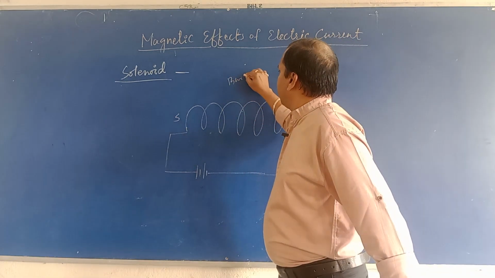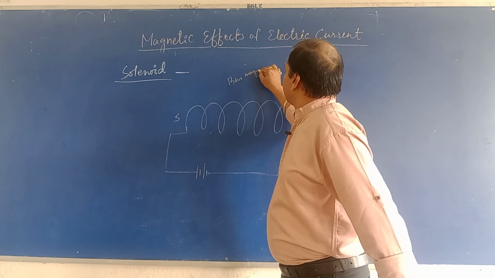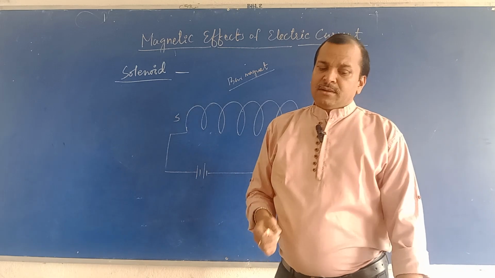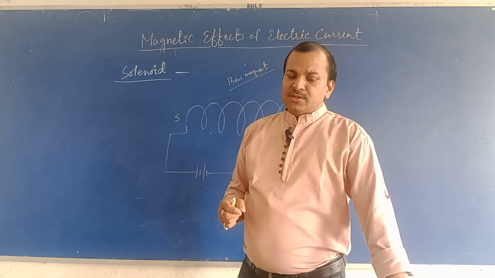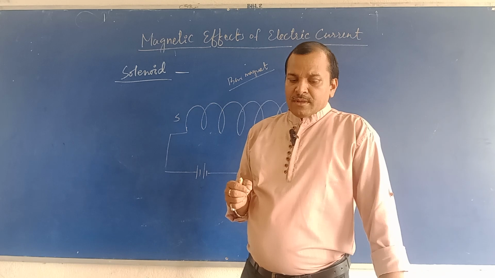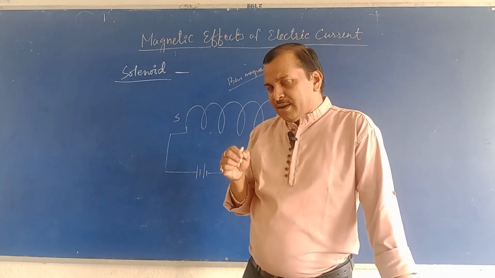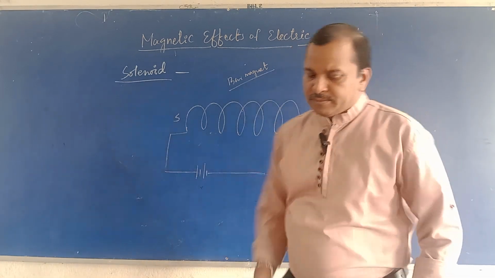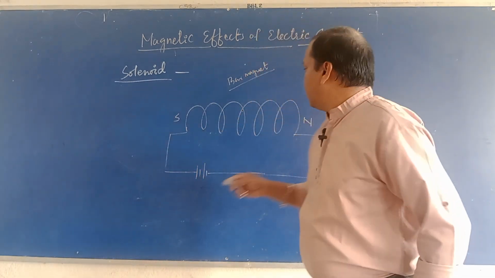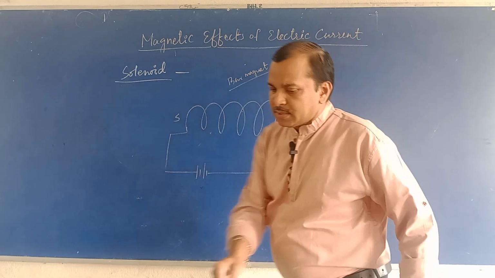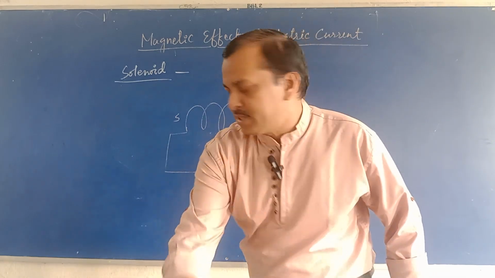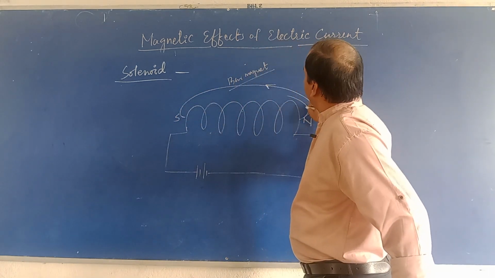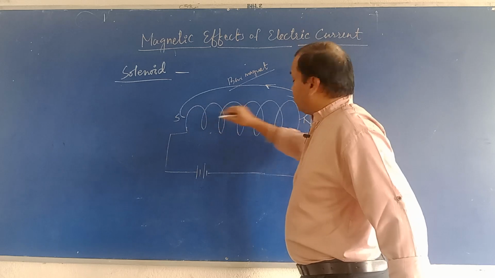What is the behavior of a bar magnet? Already we discussed the bar magnet. The same will be here in the solenoid. A current carrying solenoid produces a similar pattern of magnetic field like a bar magnet. Is it clear? That means the magnetic field lines will come out from the north pole and enter into the south pole.